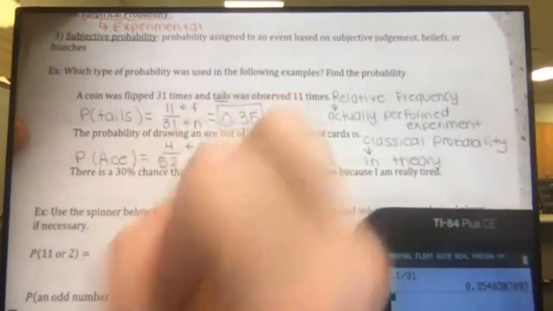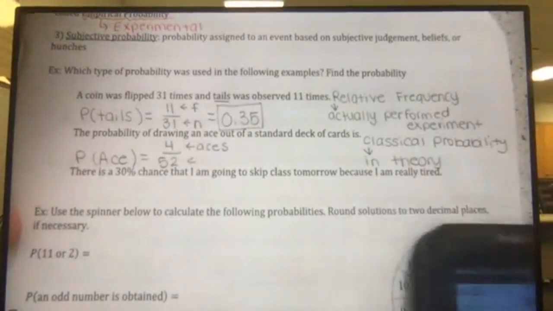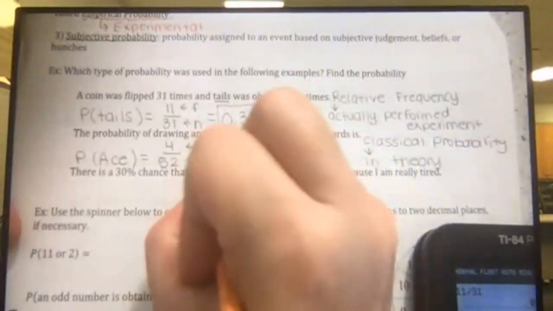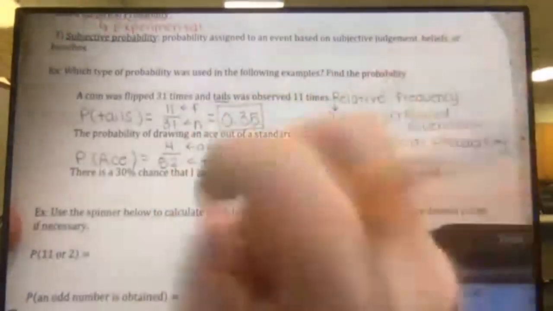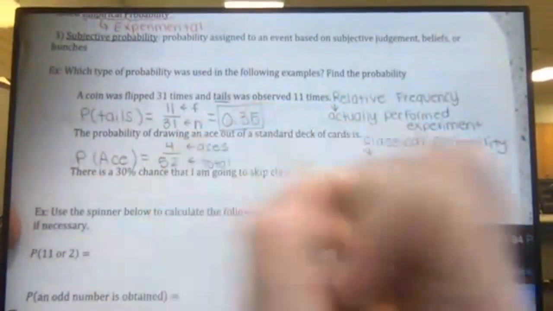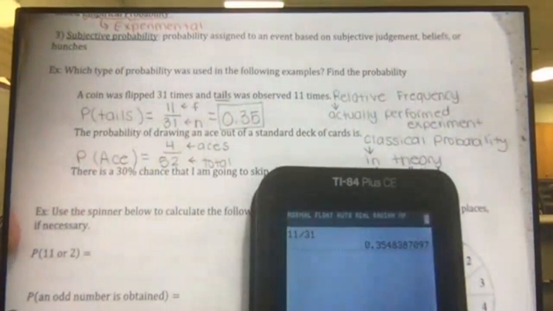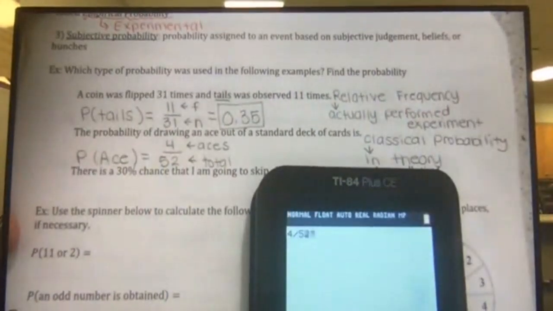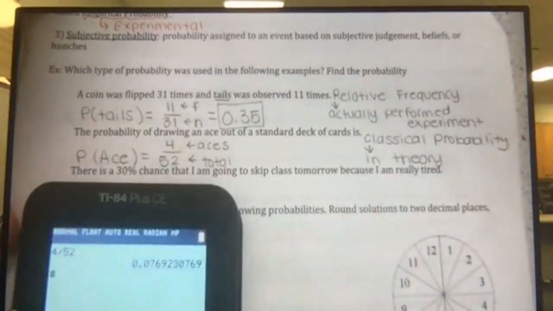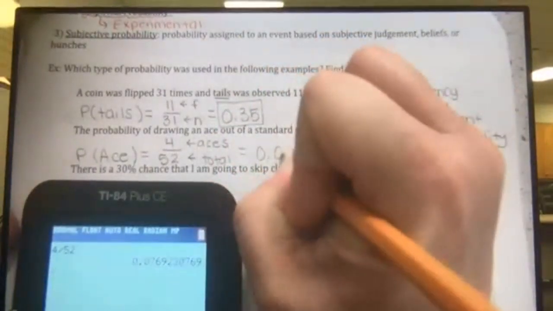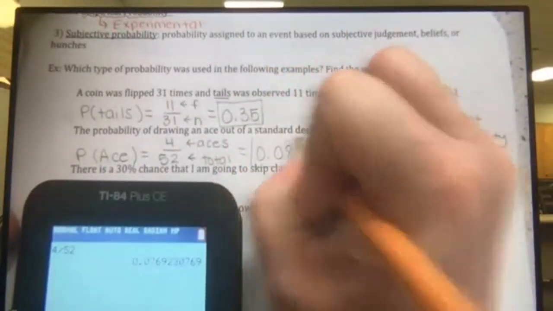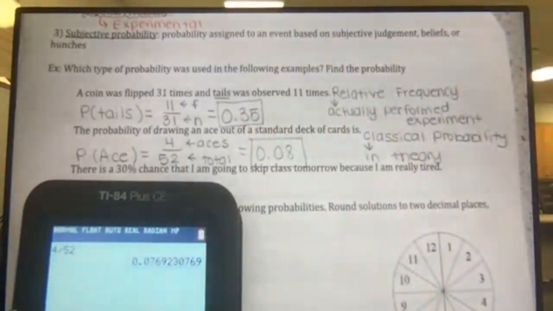You know, I didn't know that until I started teaching statistics. Don't judge. So in my calculator, 4 divided by 52 would give me 0.076. So that will round up to 0.08.